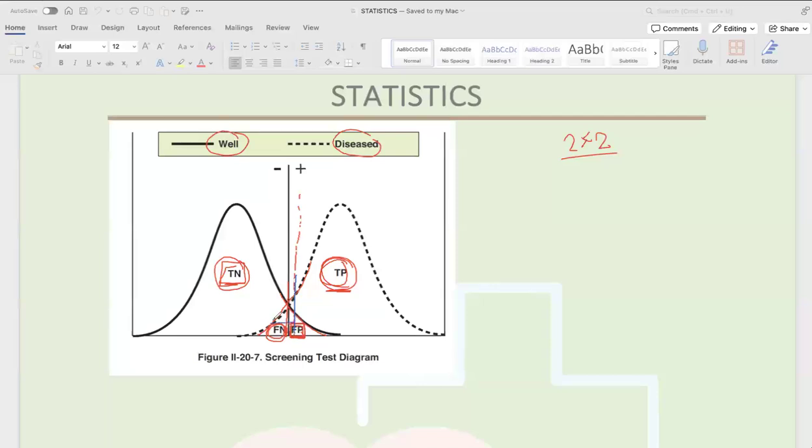We increased the false negativity, and we decreased the amount of false positive. What have we done to sensitivity and specificity? That's the question. Up to this, is it clear what has increased and what has decreased?